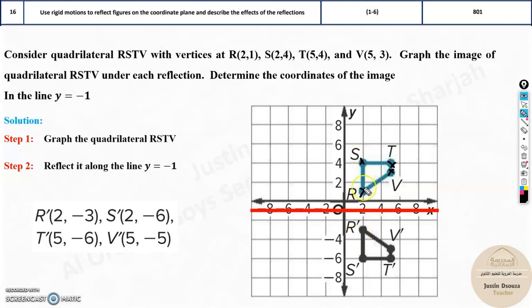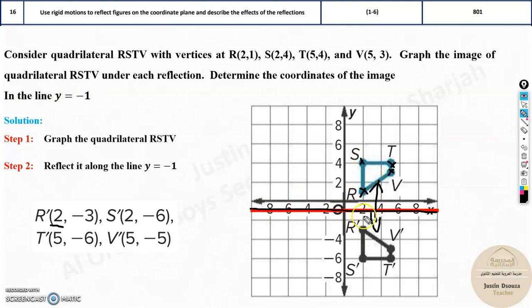So the x-coordinate won't change. The x value will be the same. Only the y value, it was 1. From 1, 0, -1, it's 2 units. So from -1, it should be 2 units down in the opposite direction, because it is being reflected along the line y equals -1. So this is the thing.